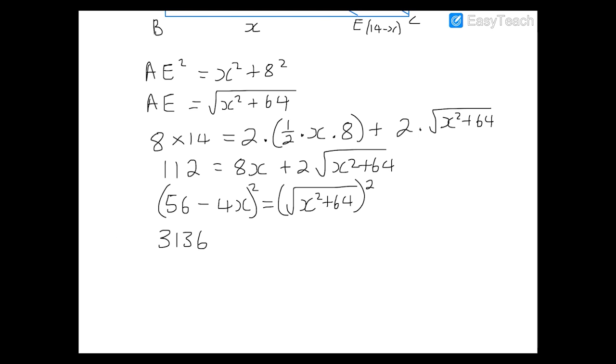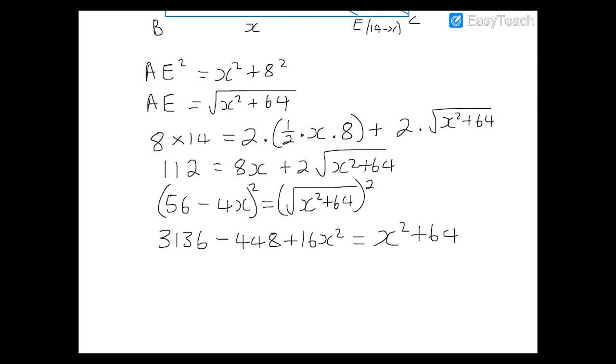And 56 squared is equal to 3136, minus, this is just the normal FOIL, 56 times 4 multiplied by 2, which is negative 448x, plus 16x squared, will be equal to x squared plus 64.